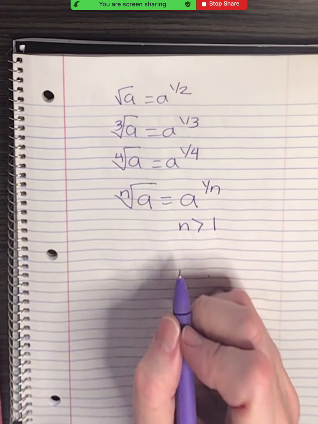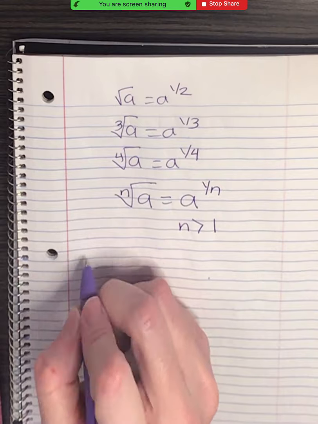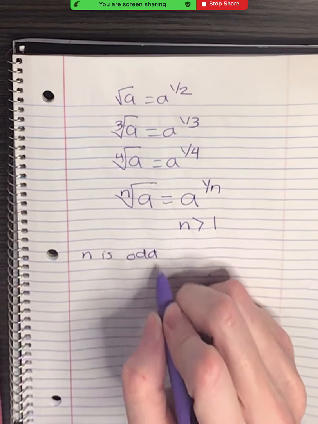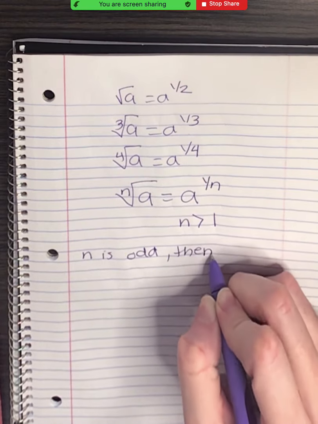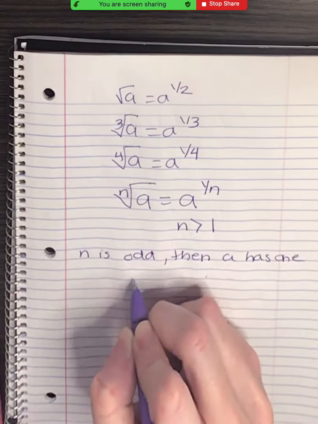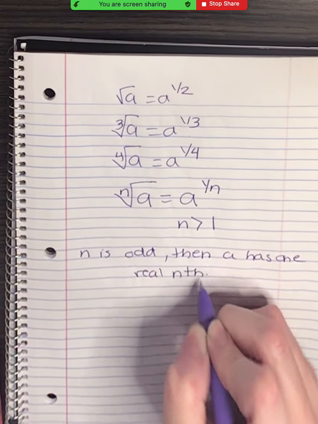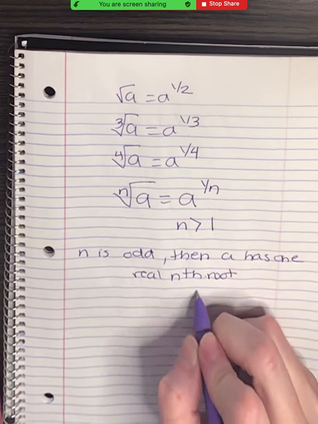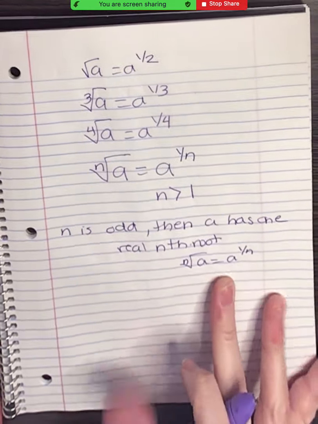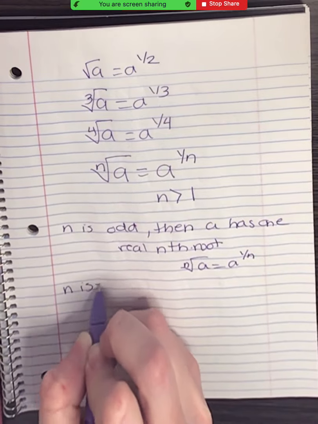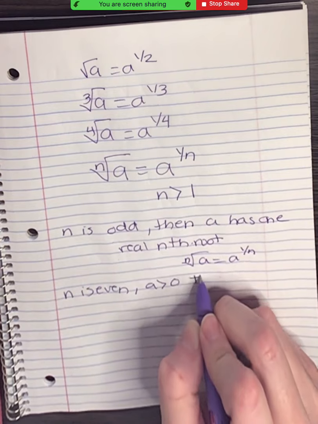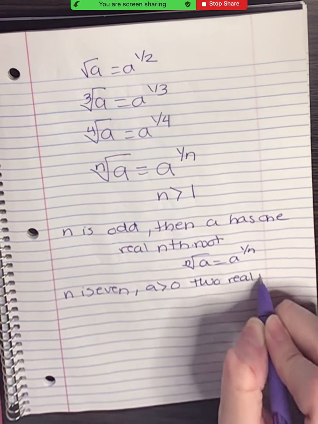Then, if we have n being odd, then a has one real nth root. Right, so nth root of a is a to the 1 over n when n is odd. If n is even and a is positive, then there's two real roots. That's like the square root, right?